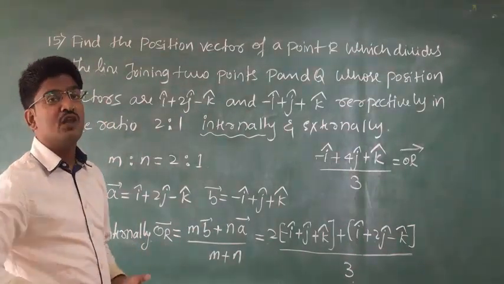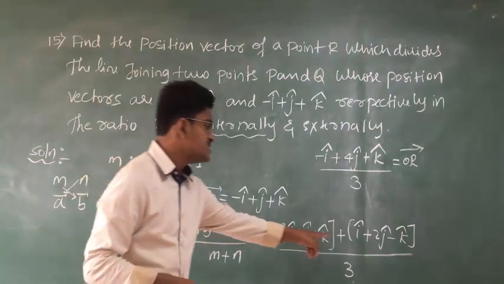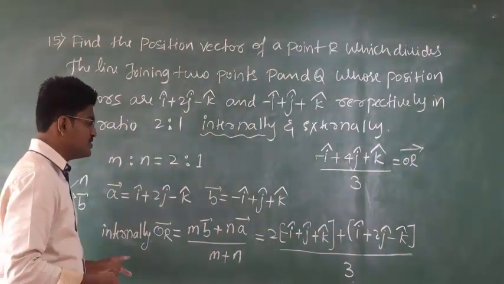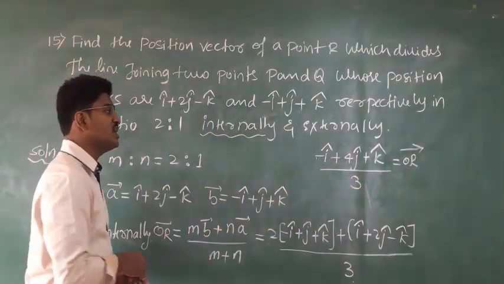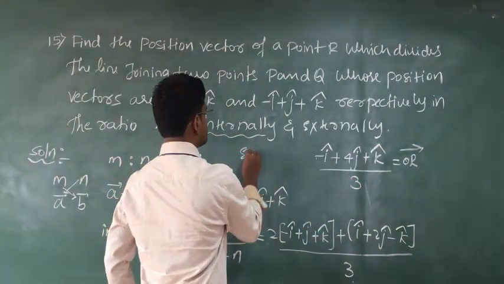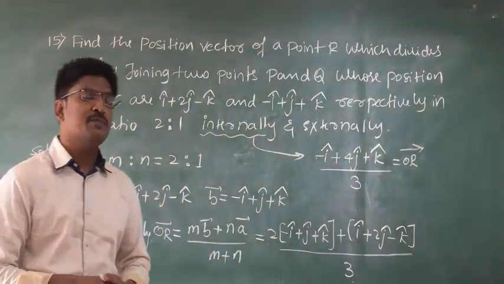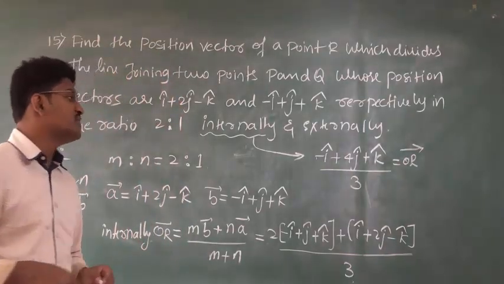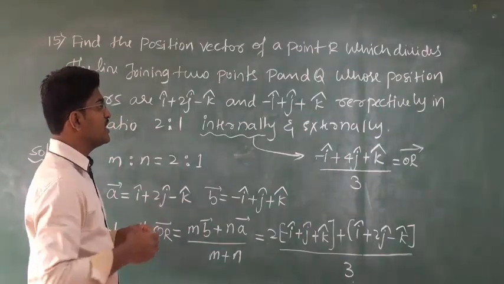If you want to solve externally, it is also very simple. You just change this plus sign to minus. So now we have solved externally. Minus i cap plus 4j cap plus k cap divided by 3 is vector OR, the position vector internally. Clear?